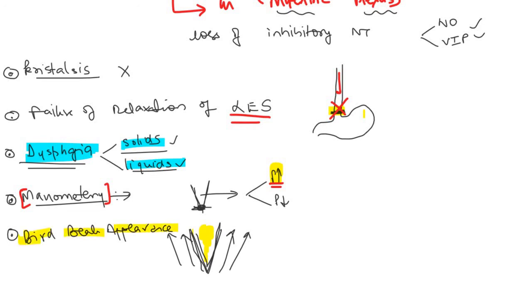So these are the typical findings found in achalasia cardia. And talking about one more thing, achalasia cardia increases the risk of squamous cell carcinoma of the esophagus. So this is the whole pathophysiology of achalasia cardia.